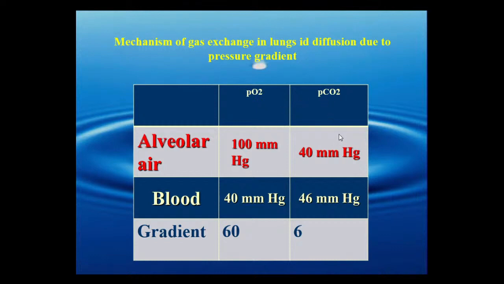For carbon dioxide, we have the opposite difference. In alveolar air, we have a lower partial pressure of carbon dioxide, and in blood we have a partial tension of 46 millimeters of mercury.